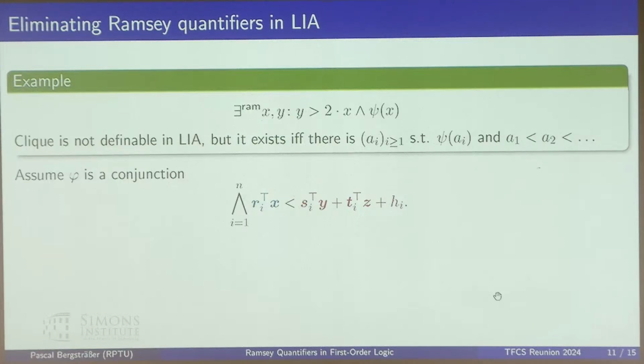Okay. And this is, in some sense, the main idea, of course, simplified, but let me quickly show you what the proof looks like. So let's assume we have only a conjunction of inequalities. Yeah, we have on the left-hand side the x, on the right-hand side the y, and some free variables z and some constants. What we want to do is we want to, okay, we are given some sequence of valuations. We want to check, okay, how does the left-hand side here and the right-hand side evolve in our sequence?